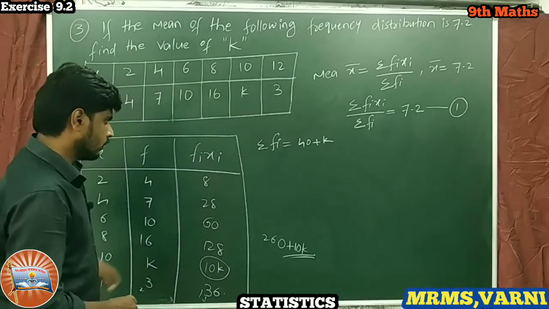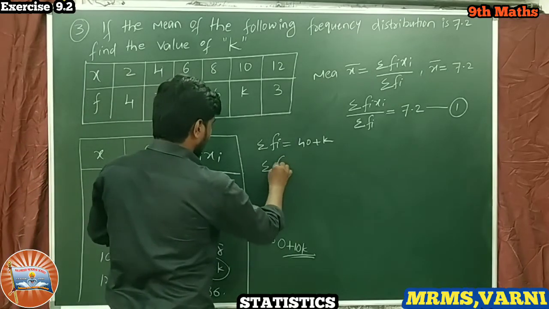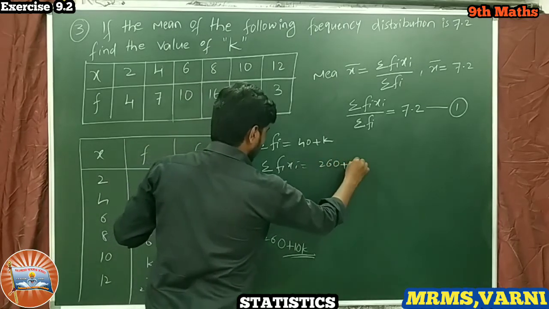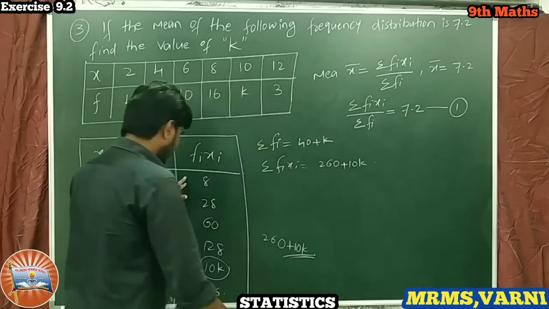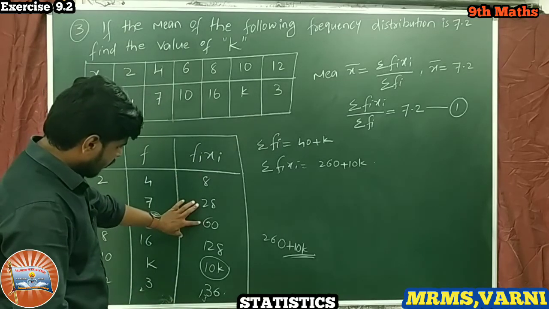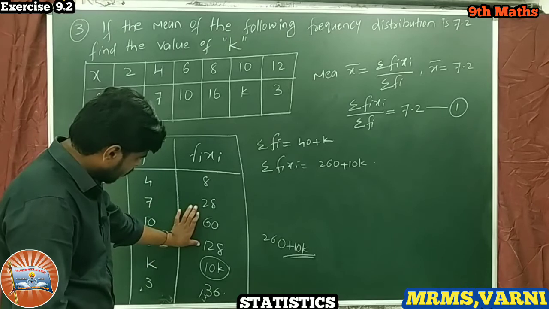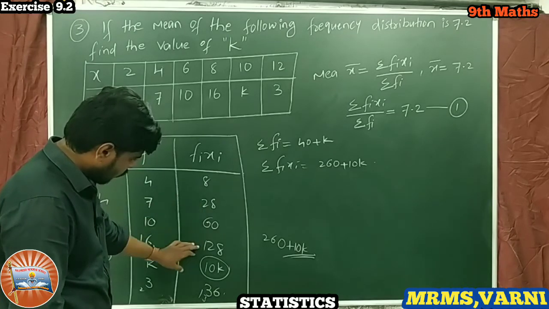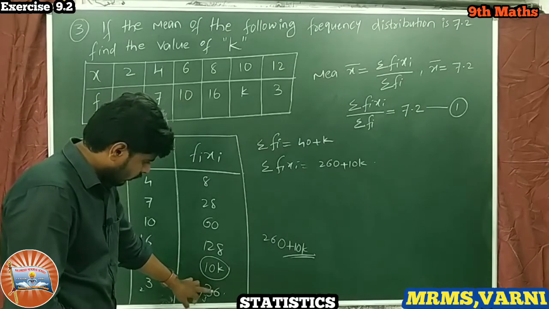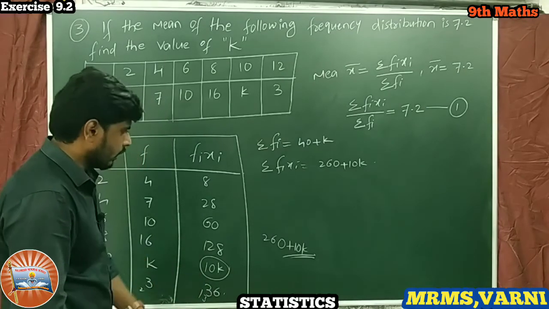Is it clear? So we got sigma fi xi is equal to 260 plus 10k. So check once again: 224, 230, 260. Okay, very good.